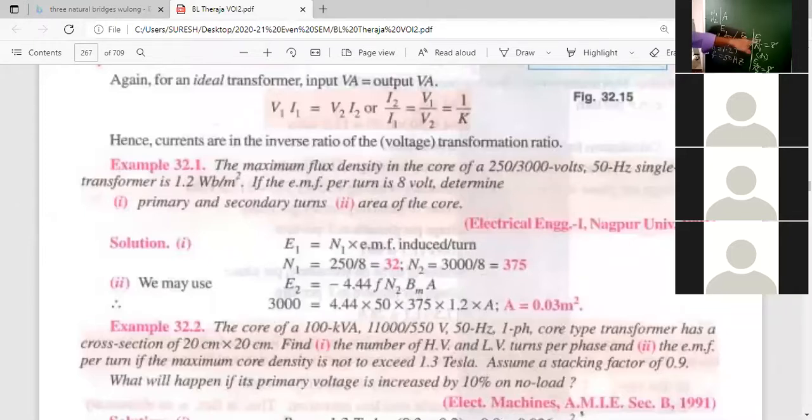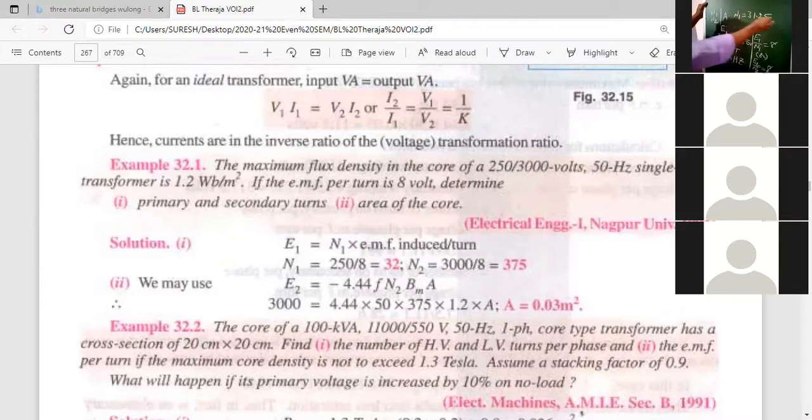From this relation, can you determine N1? E1 by N1 is equal to 8. What is E1? 250. Substitute 250 here, we'll get N1. Now tell me what is N1? 31.25. Your number of turns will never be in decimal values.